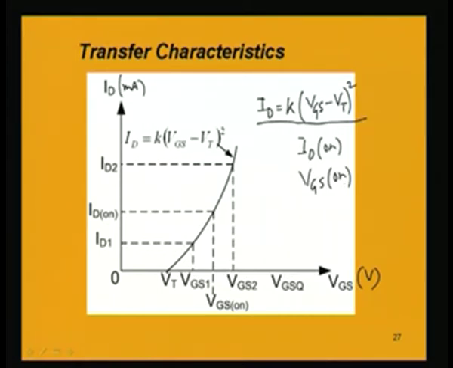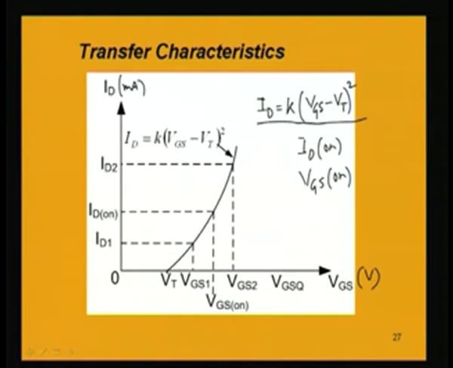Now, if we know these two values, immediately we can find the fabrication constant K, because if we look into this expression, K is equal to ID by (VGS minus VT) whole square. VT is known, it is given in the specification.